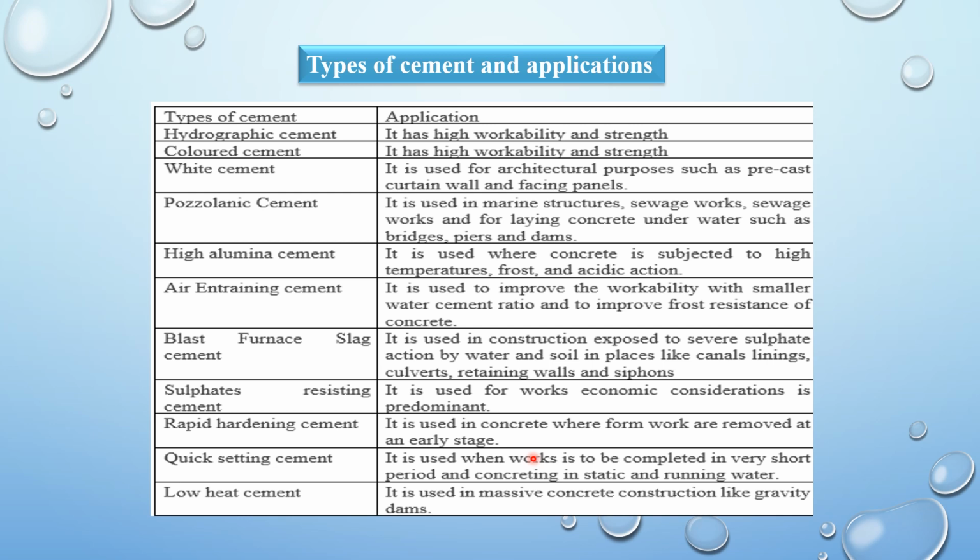So students, this was the last lecture of our cement industry in which we have discussed the dry process and different processes which are involved in the dry process. Then we have discussed the safety measurements in the cement industry. Then we have discussed the applications of the cement and the types of cement and its applications.